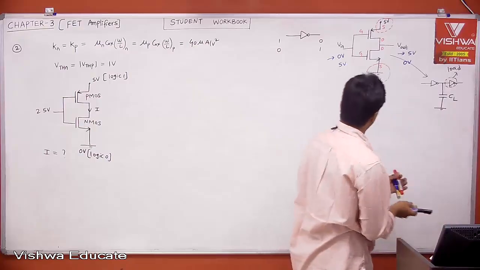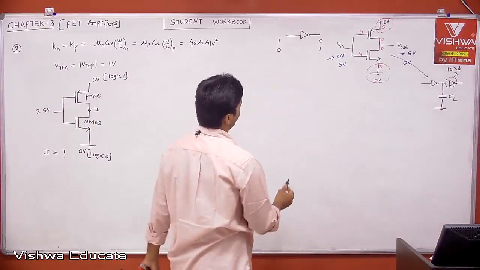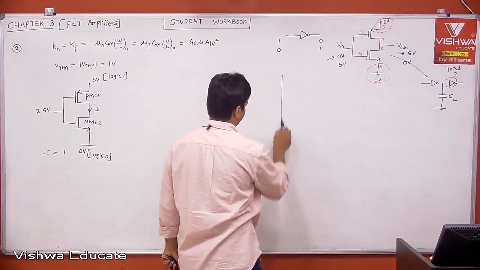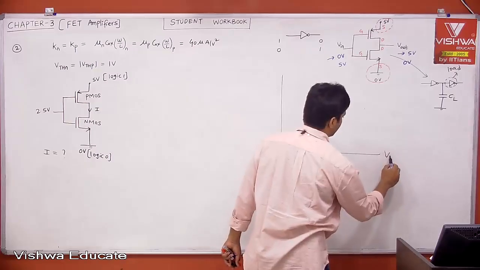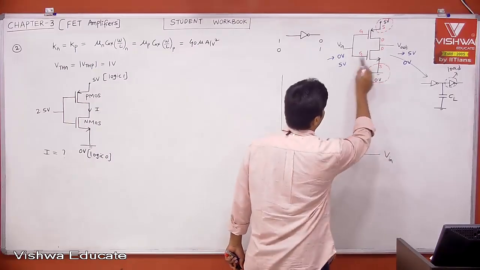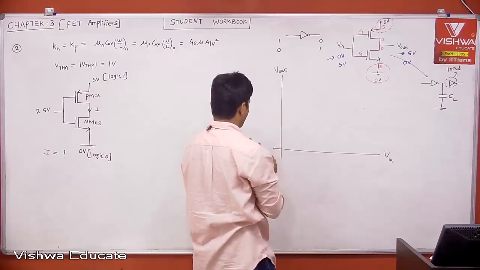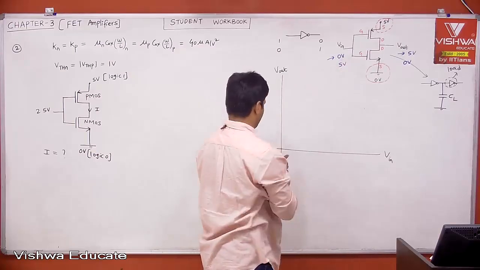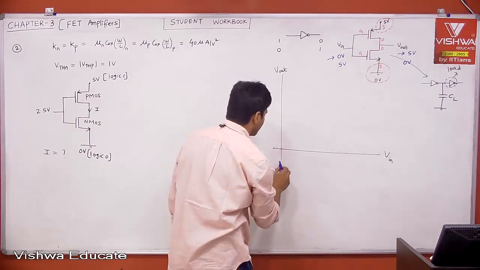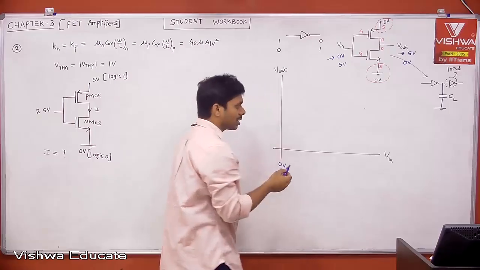Now, transfer characteristics. This is your V in and this is your V out. Just now we are seeing when input is 0 volt. I am speaking with respect to voltage.